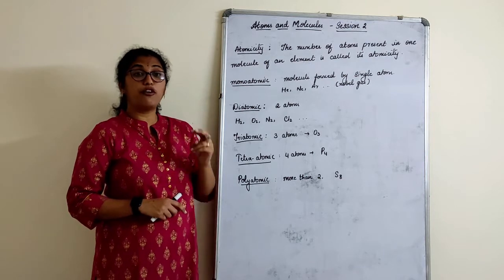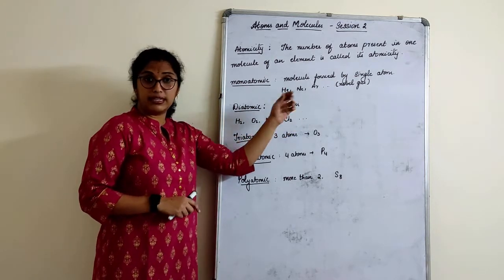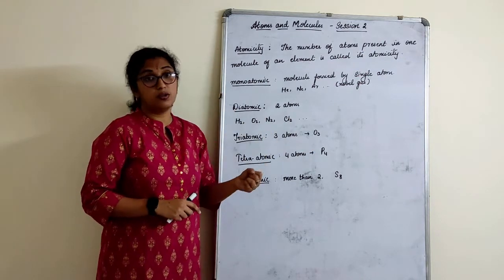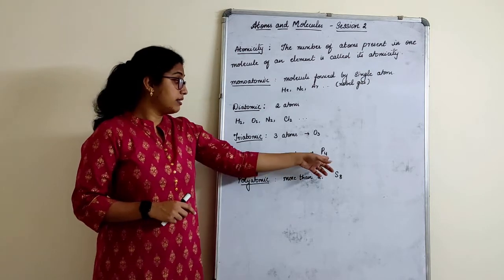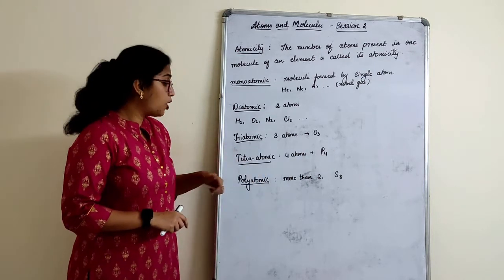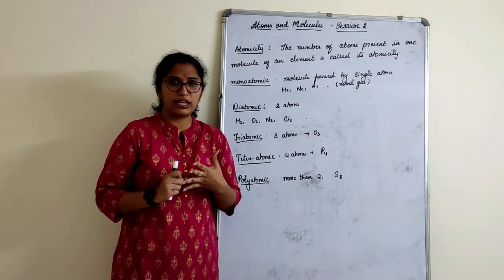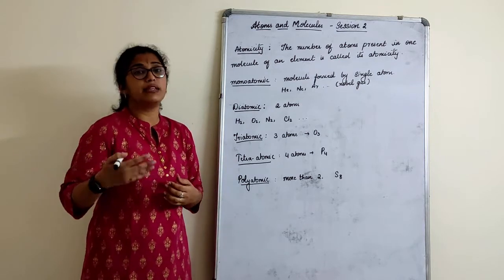Diatomic is a molecule formed by two atoms: hydrogen, oxygen, nitrogen, chlorine, etc. Triatomic is formed by three atoms, that is ozone. Tetraatomic, tetra is 4, is phosphorus. Polyatomic: we know monomial, binomial, trinomial and polynomial, where polynomial has more than 2.